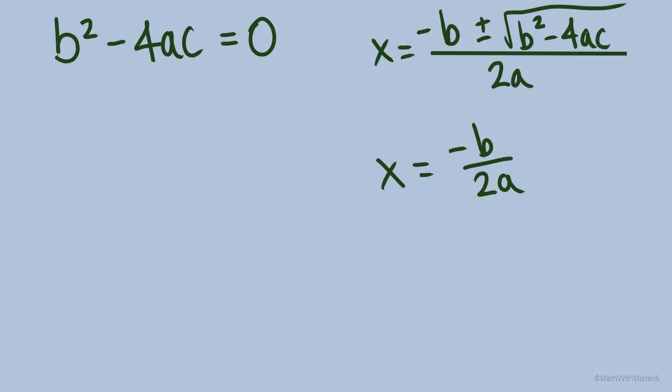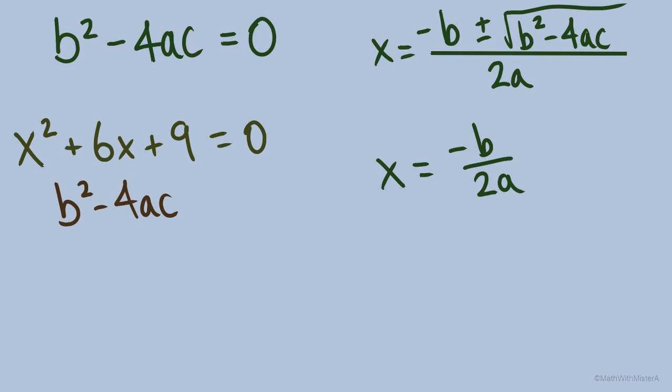So far, all of our examples have led us to two zeros, except now we're seeing that when b squared minus 4ac equals 0, that's only going to lead us to one solution. Let's take this one as an example, x squared plus 6x plus 9. This is a trinomial where b squared minus 4ac will equal 0.